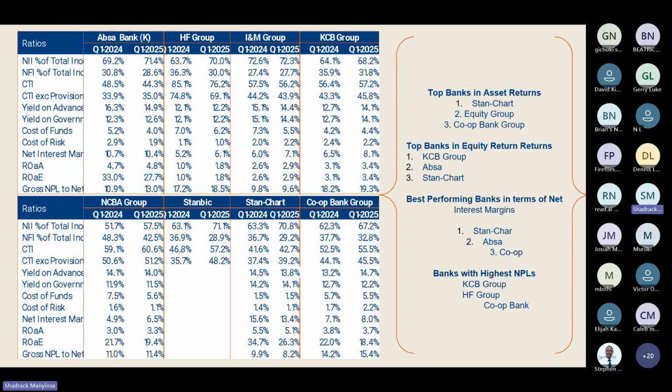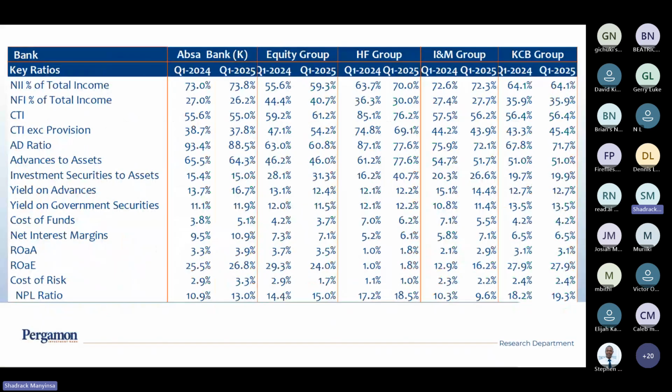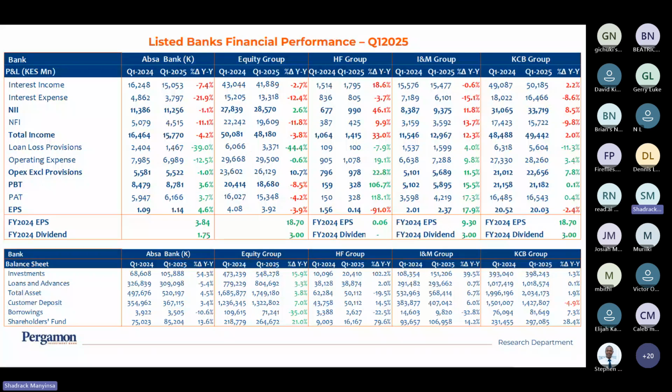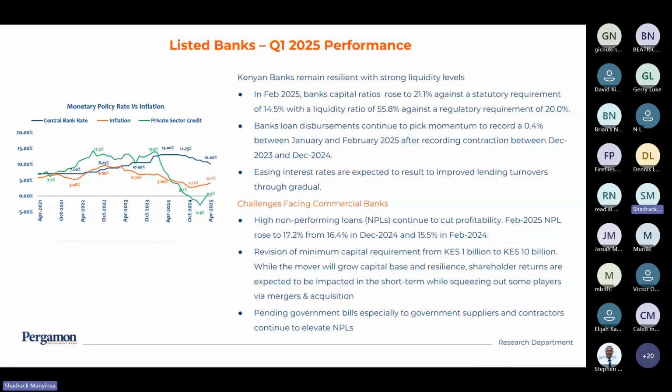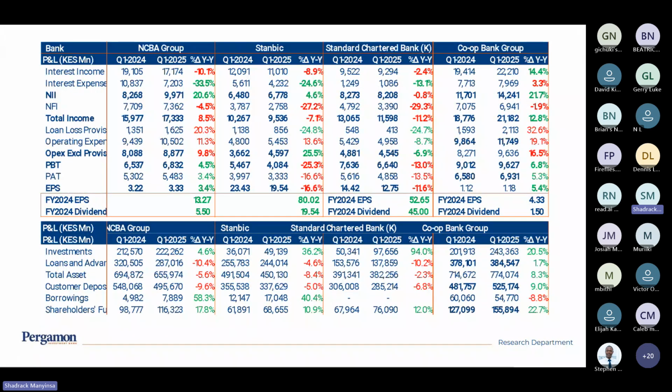But the best one was Standard, and the reason for that is Standard has low financing in terms of borrowed funds. Standard has the lowest. If you can see the borrowed funds there, Standard does not have borrowed funds. Borrowings come in to finance the loan book of various banks.